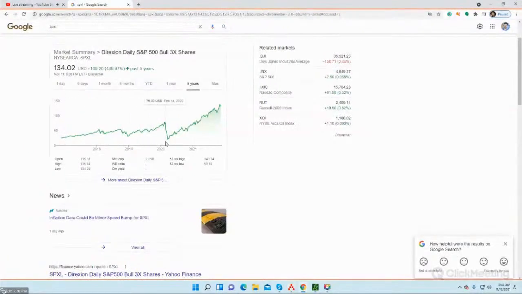It went to $22, now it's 134. So if you had 22,000, now it's worth 134,000. We said this a year ago. SBLX, if you're trading the US market.